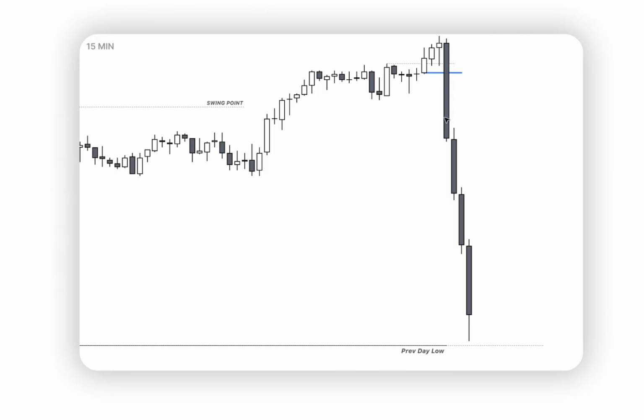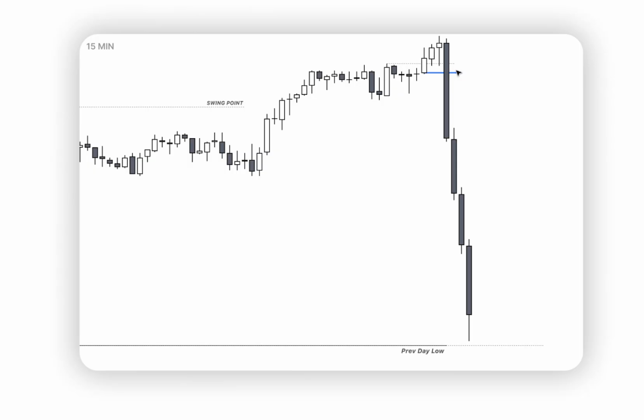Obviously, if you see a candle like this above a high, you don't want to trade it higher. You don't want to try that. So instead, we look for the opposing liquidity, which was the previous day low. So all we're doing is basically looking for manipulation, changing the state of delivery, and then looking for a continuation or looking for the entry model when the direction is already confirmed.